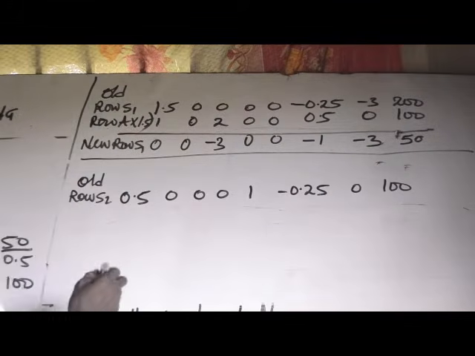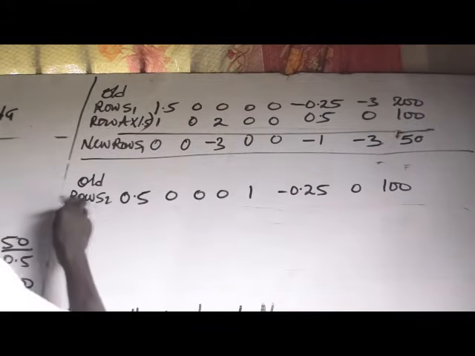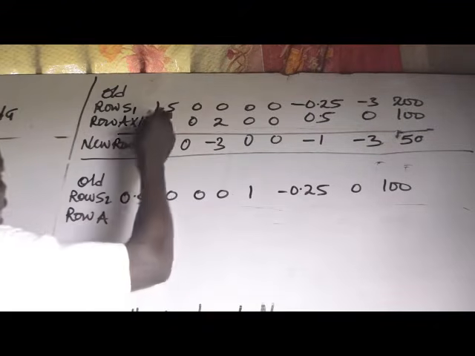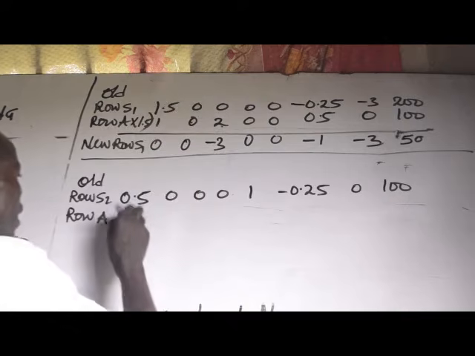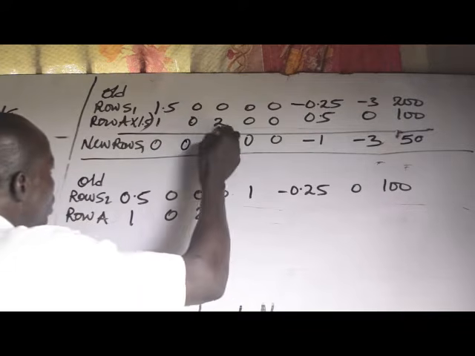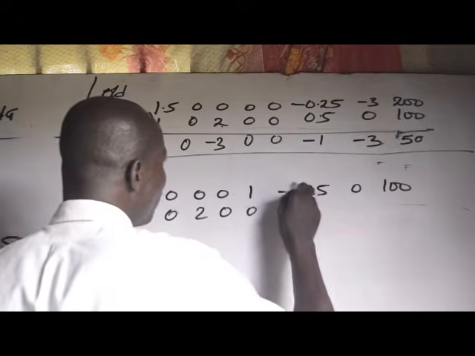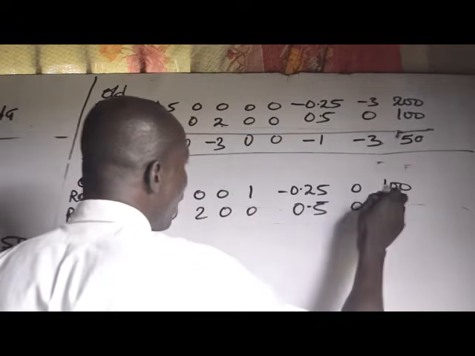And our pivot row, that is row A, is 1, 0, 2, 0, 0, 0.5, 0 and 100.